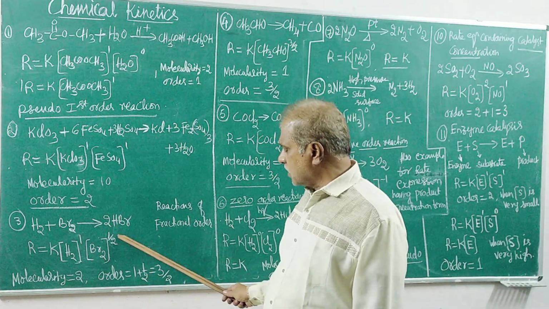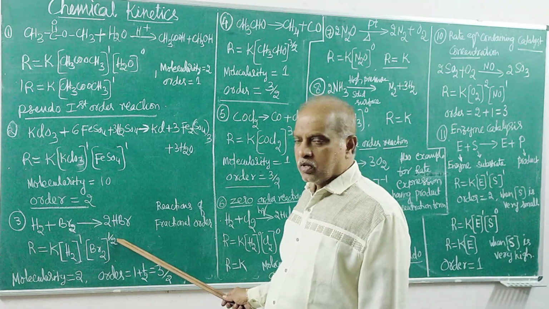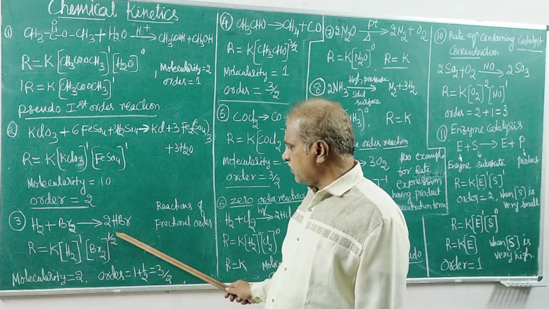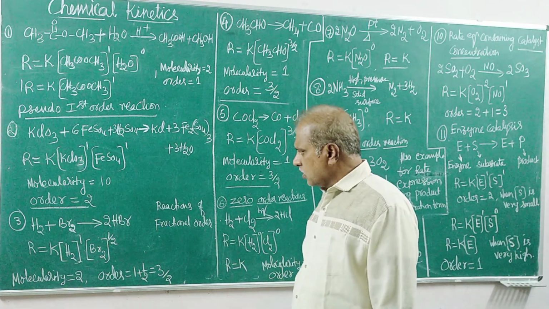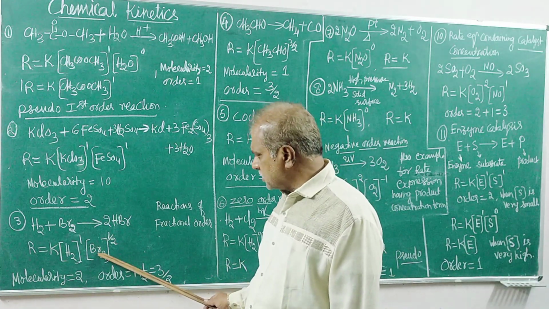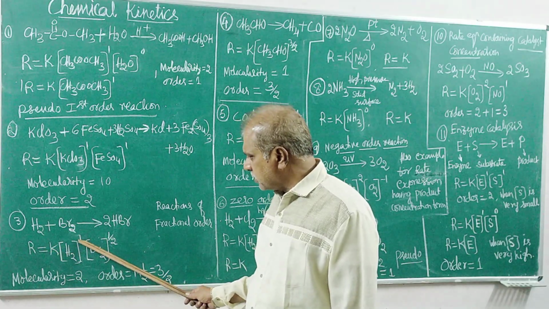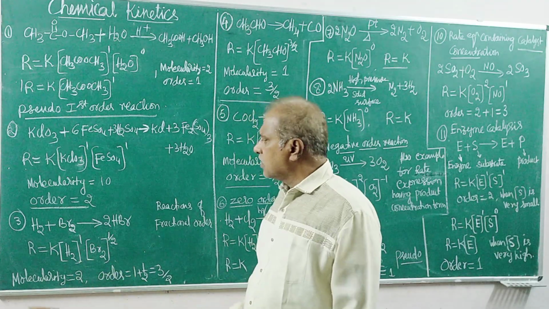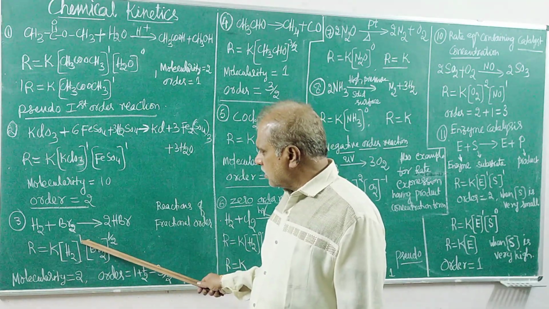But the order need not be a whole number; it may be a fraction. That is also possible. The order of a reaction with respect to a concentration may be a fraction, or the overall order of reaction may be a fraction. Look at this concentration. Actually, what do the exponents of the concentration terms in the rate equation tell us?